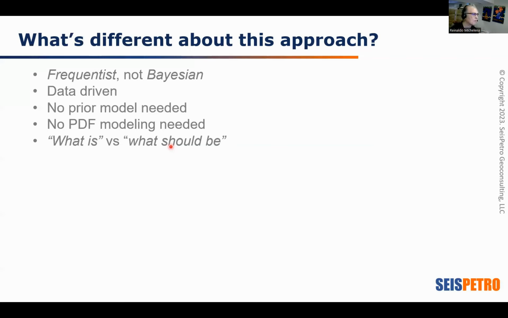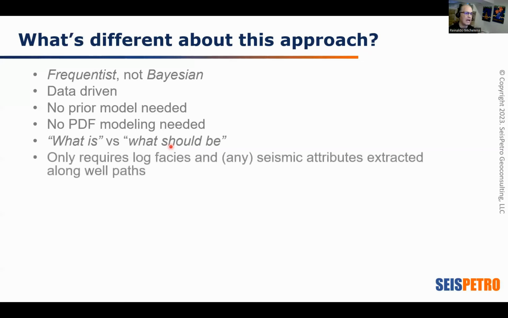Okay, so with this formulation, it allows us to do other things that, in the common implementations of the Bayesian approach, are not available. We can now use wells that only have, let's say, the facies flag. We don't need any other type of information.